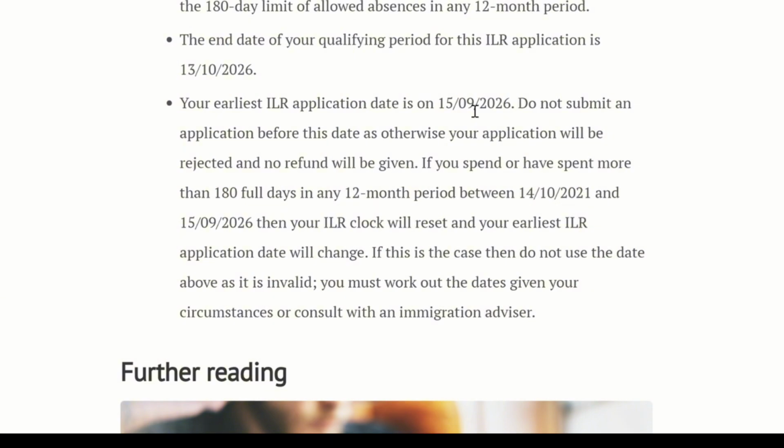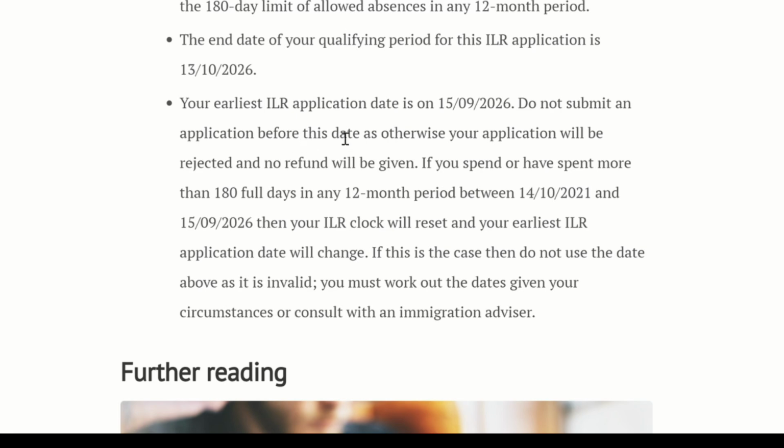I really like this calculator because it calculates the earliest date you can submit an application. Now, you can see in this bullet point, it says your earliest ILR application date is the 15th of September 2026. Do not submit an application before that date, as otherwise your application will be rejected and no refund will be given.